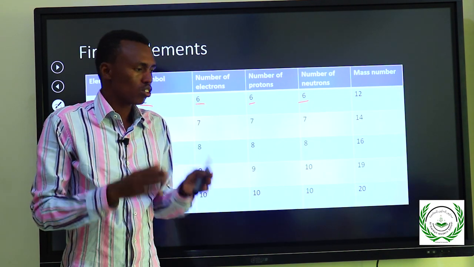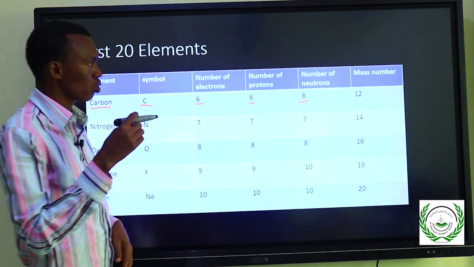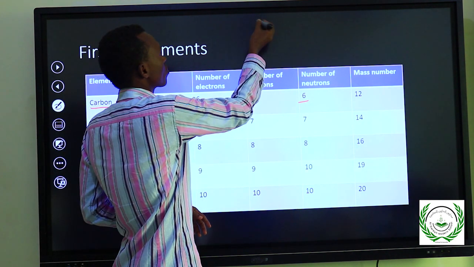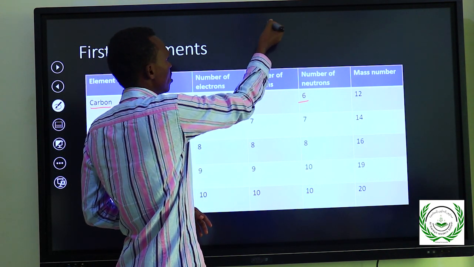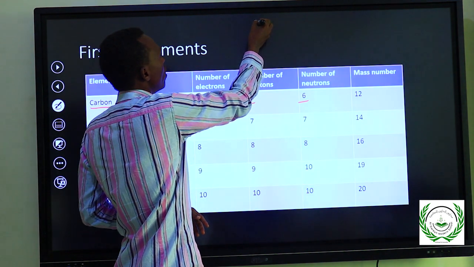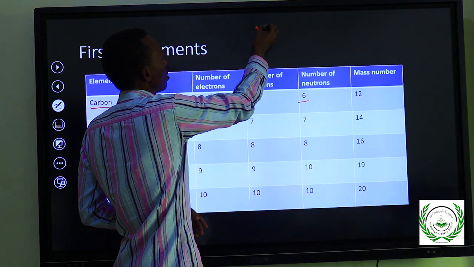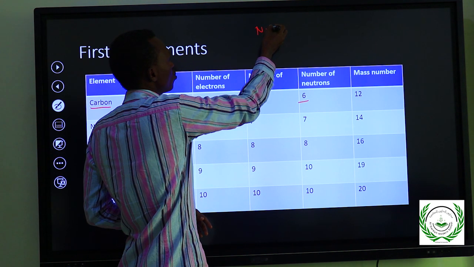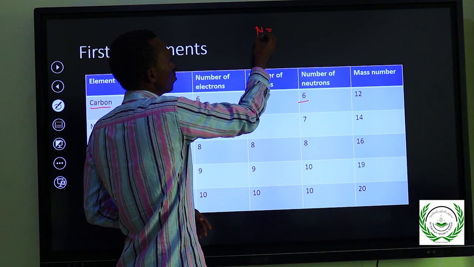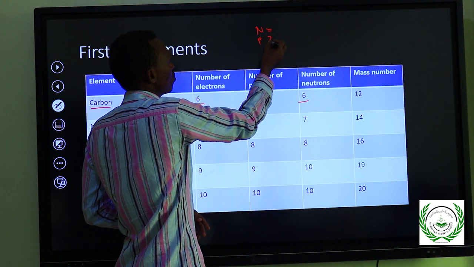Okay, so if a question is asked, for example, you have the neutrons and the mass number of carbon, but you don't have the protons, question mark.